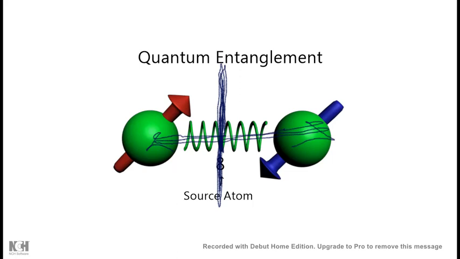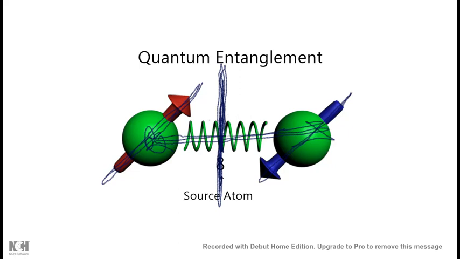And when we find the one on the left, you'll see it is polarized in this particular direction, and then we look at the other one that's gone off in the other direction and it's polarized in the opposite direction.